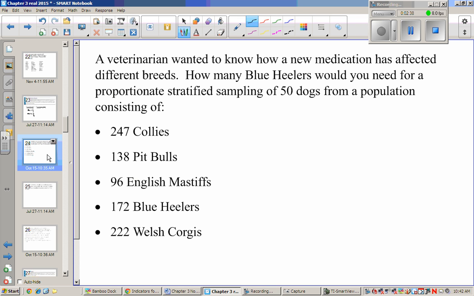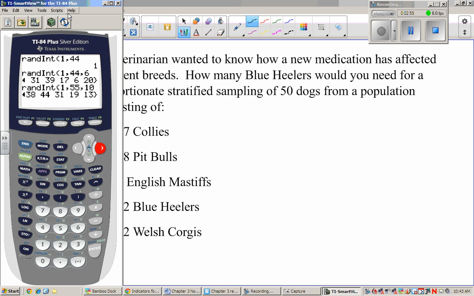This is a proportionate one. It says a veterinarian wants to know how many medications has affected different breeds, and how many blue healers would you need for a proportionate stratified random sample of 50 dogs from this population. So they want to sample 50 dogs, and this is the population that the veterinarian serves.